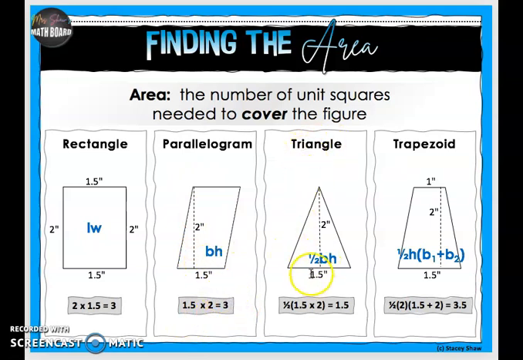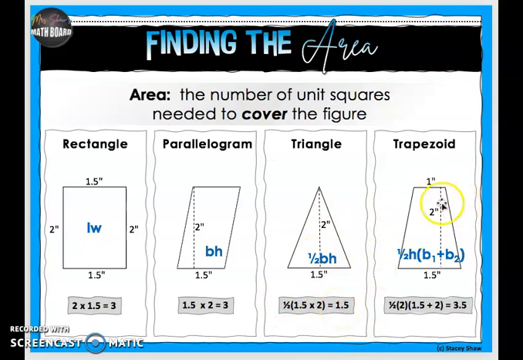Then for a triangle, you take 1/2 the base times the height, because if you think about it, a triangle is 1/2 of a parallelogram. Okay, so you take the base times the height and then you divide it in half. Okay, so we have half of 1.5 times 2, which would be 1.5.